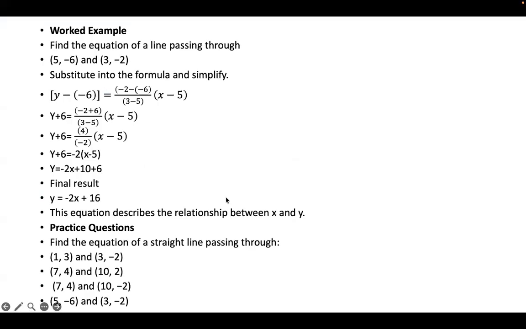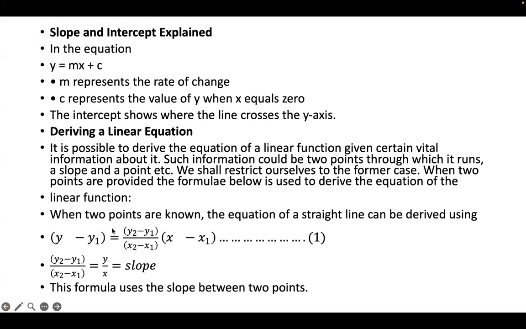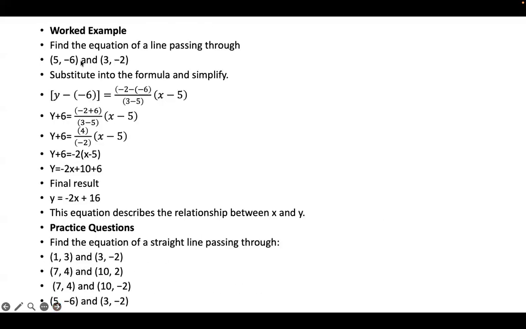So if we give you the equation of the straight line, this is the formula: y minus y1 is equal to y2 minus y1 over x2 minus x1 times x minus x1. And they give you the coordinates: 5, negative 6, then 3, negative 2.